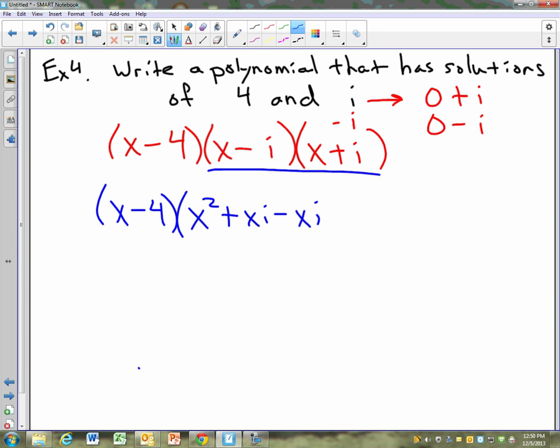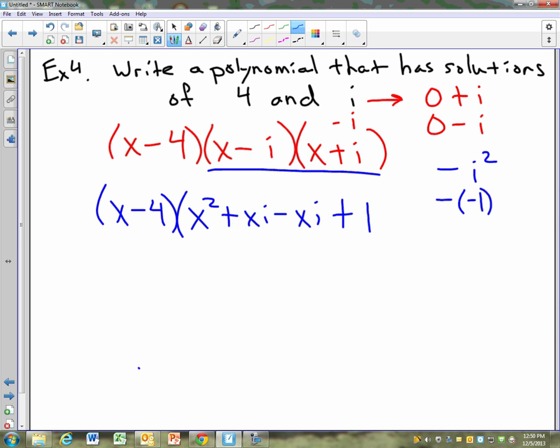Negative xi. And negative i times positive i. Negative i squared, which is 1. Look, negative i times positive i is negative i squared. And you know that i squared is negative 1. Negative times negative 1 is positive 1.